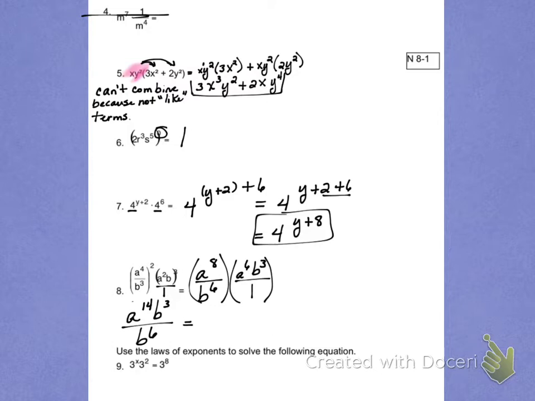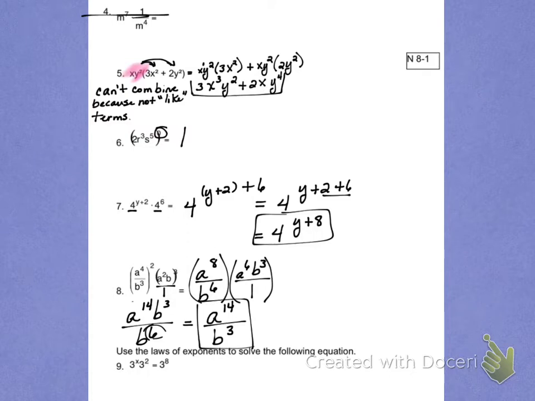I need to simplify or reduce the fraction. So I have a to the 14th over, subtract the exponents, and put the answer on the side with the largest exponent. So the largest exponent is our 6 right here. So my answer is going to go in the denominator. The difference between 6 minus 3 is 3, so b cubed will be in the denominator. And that's my answer for that problem.